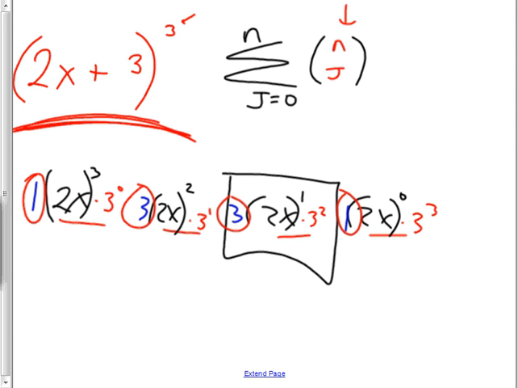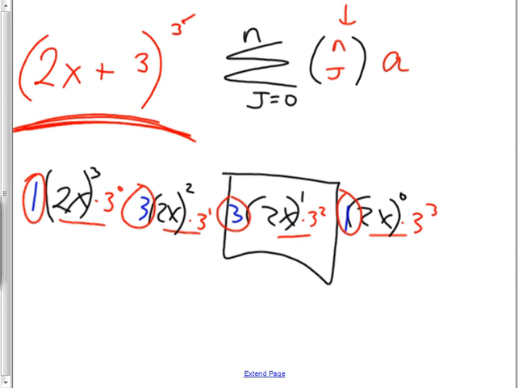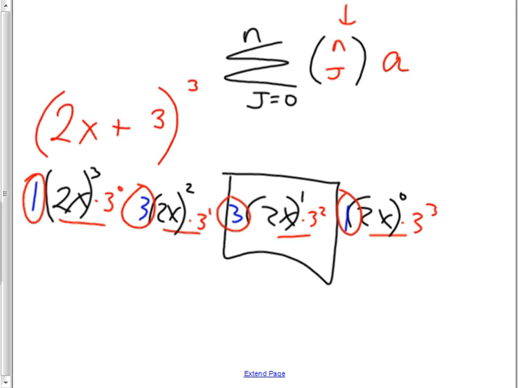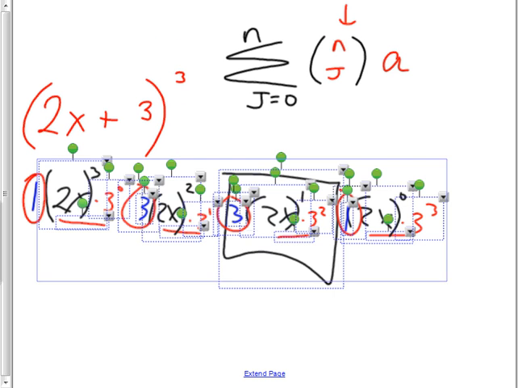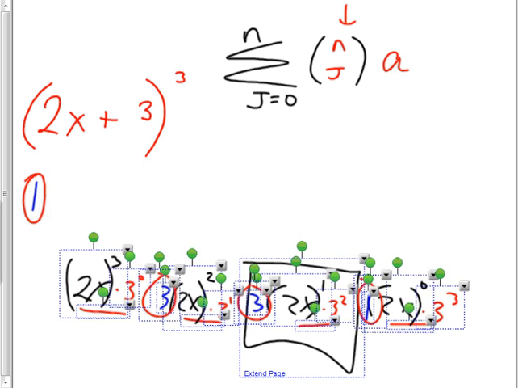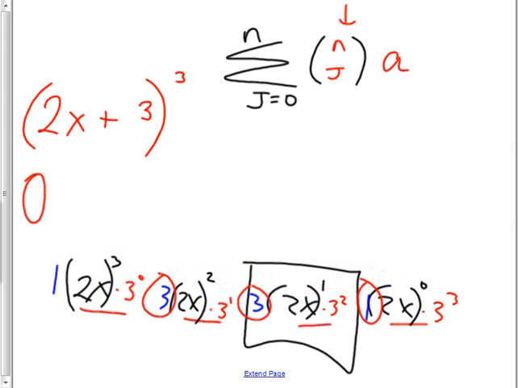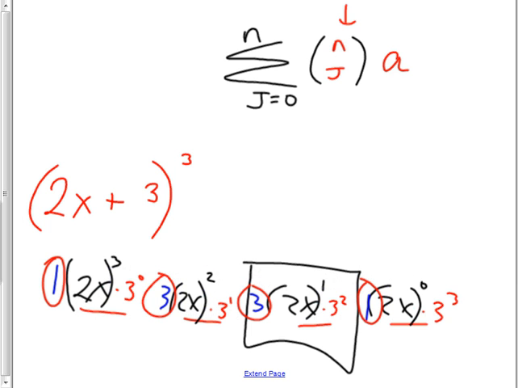Okay, then this next part is the a. This is assuming that we have an original equation that doesn't look like this. So let me clean this up a little bit. I'm going to move this down. I'm going to move all this down too. It's assuming you had an original problem of a plus b to the n.